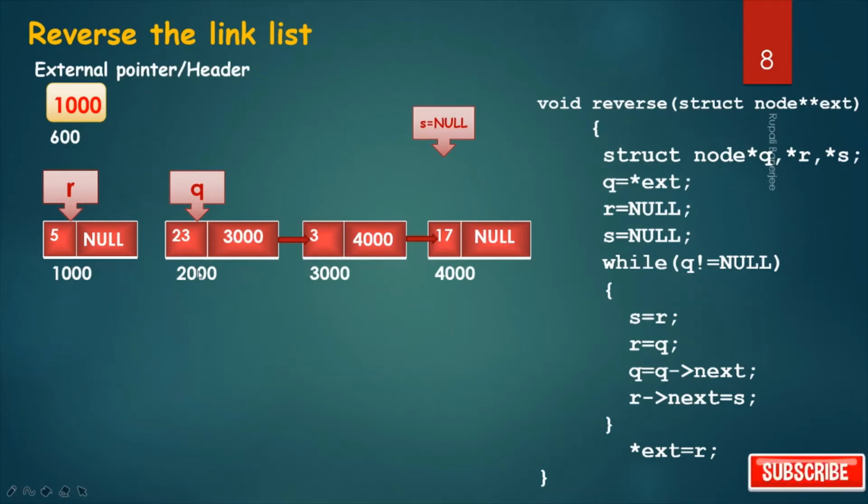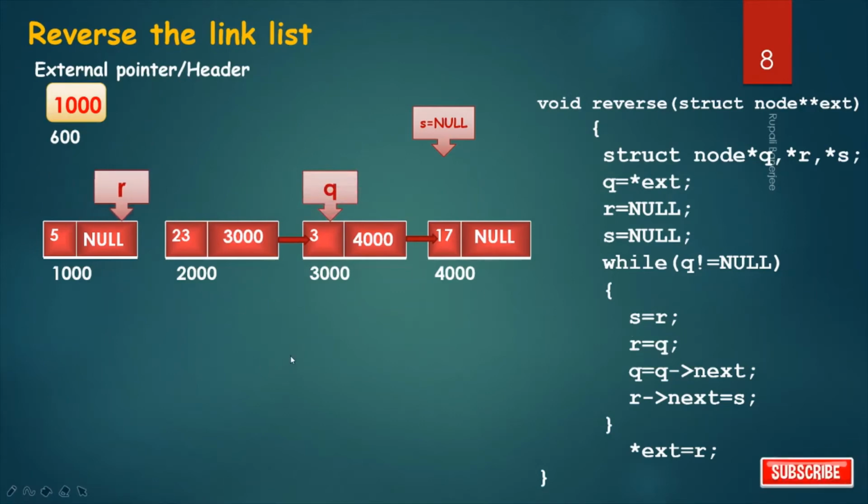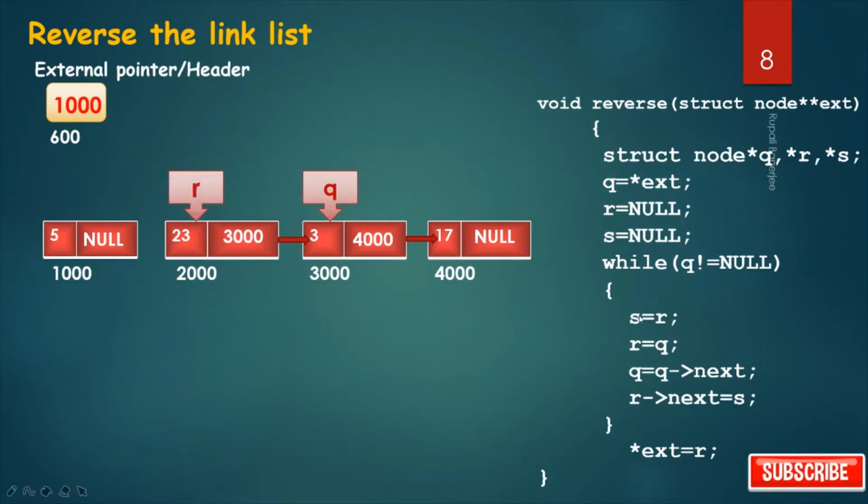No, Q is 2000. S equals to R. S equals to R means what? Now this node will be S. R equals to Q. So this node will be our R now and Q equals to Q arrow next. So Q points to the next node.